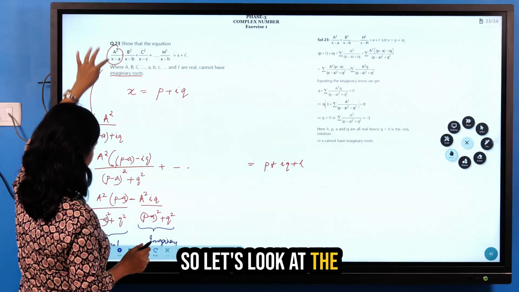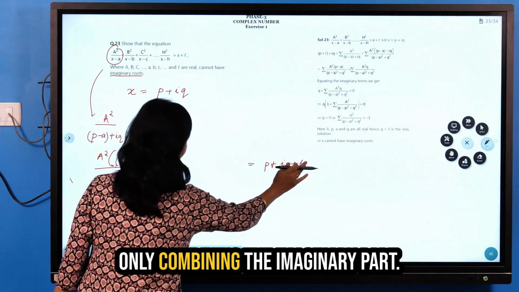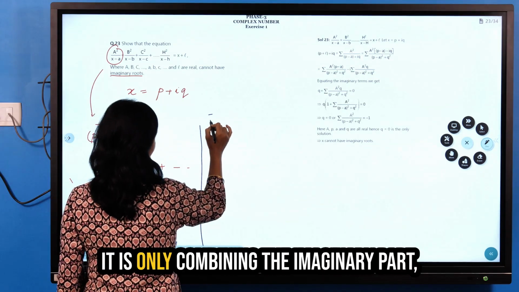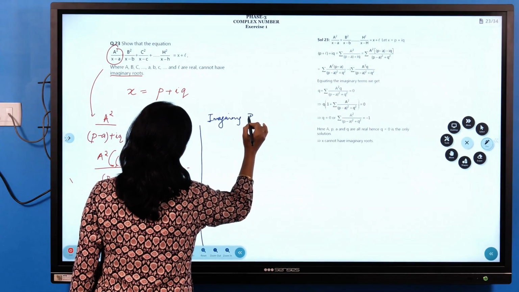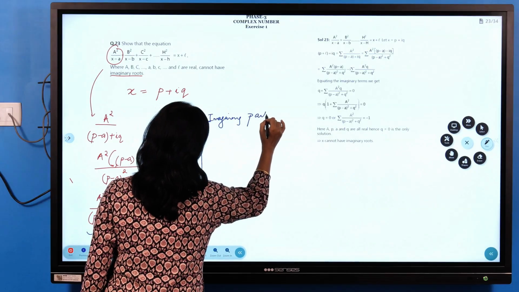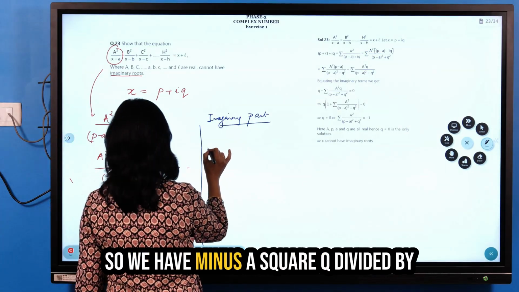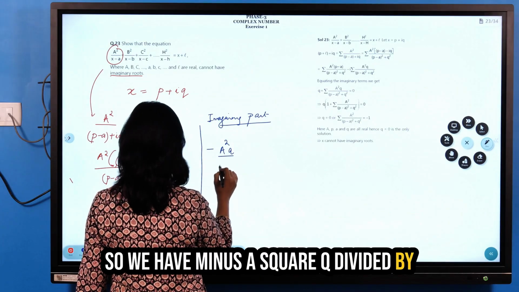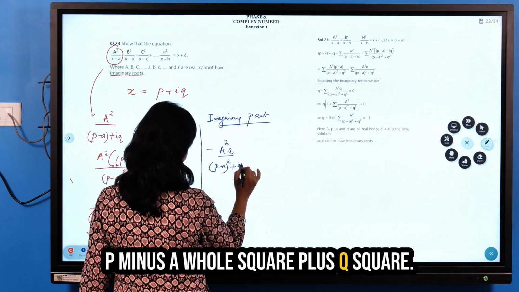So let's look at the imaginary part everywhere, only combining the imaginary part. We have minus a square q divided by p minus a whole square plus q square.